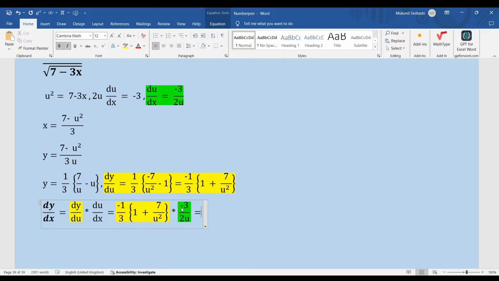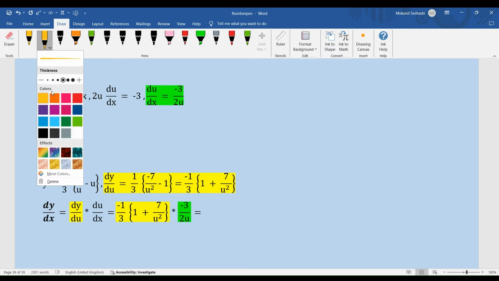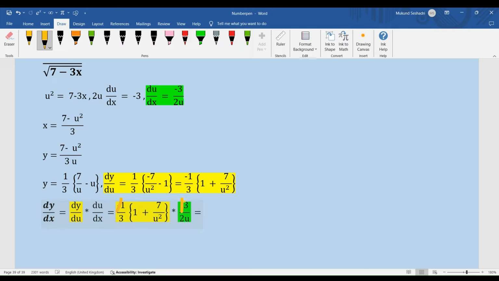So I have a 3 in the numerator, a 3 in the denominator. So I can cancel out my 3. I can also cancel out my negative sign, right? So these two negative signs cancel out, and this 3 and this 3 cancel out.